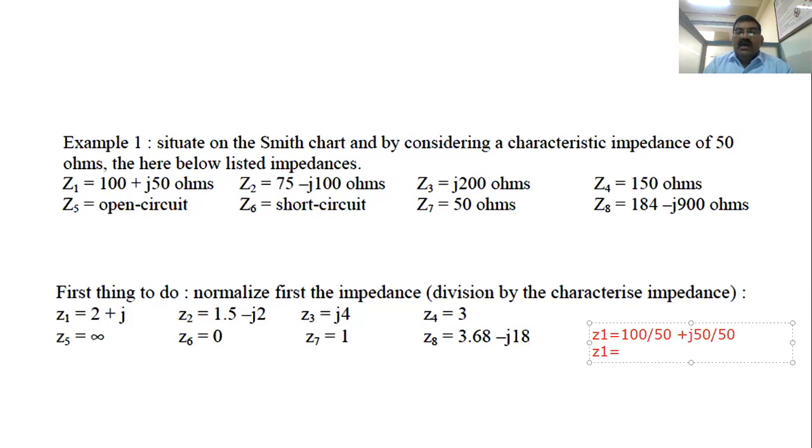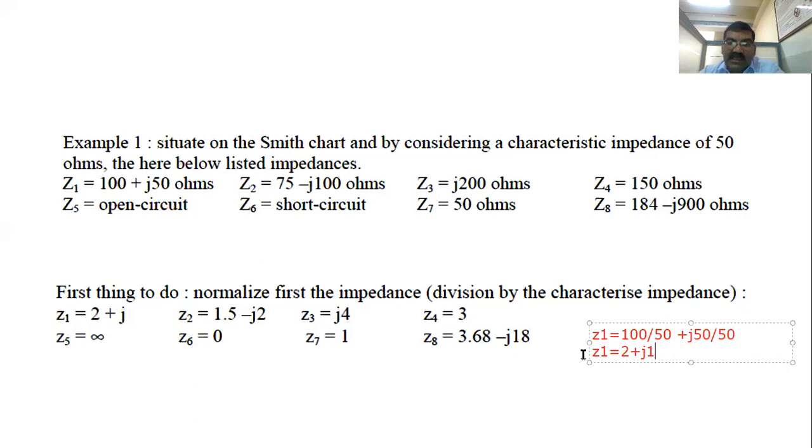So 100 by 50 is 2, plus J remains as it is, small j, and 50 by 50 is 1. This is how any impedance you are interested in is calculated. On the Smith chart, you have to plot the small z1, which is 2 plus j1.